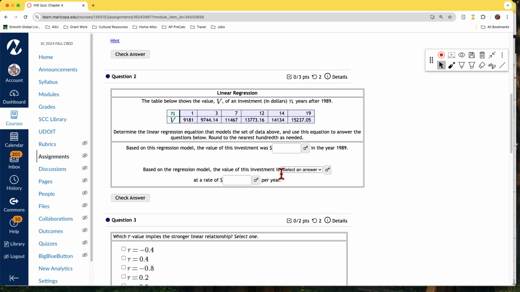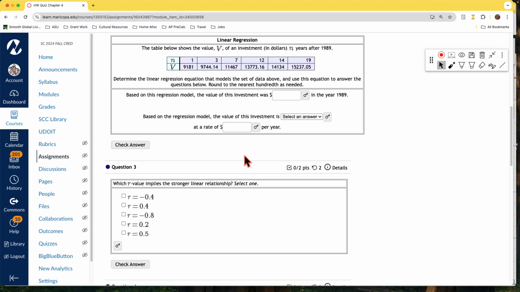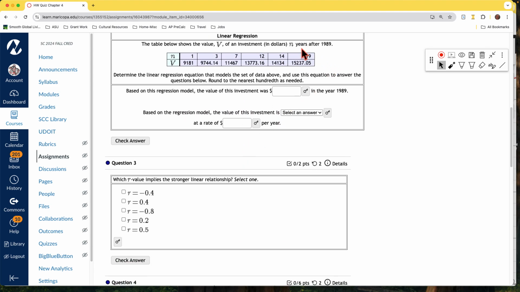Now, this time, they're not asking us to give them the equation, but they want to answer the question. Okay? And so we have to read a little carefully. The table shows the value. So V is the value of the investment in years after 1989. So 1 year after 1989, 3 years, 7 years, 12 years, and so forth.